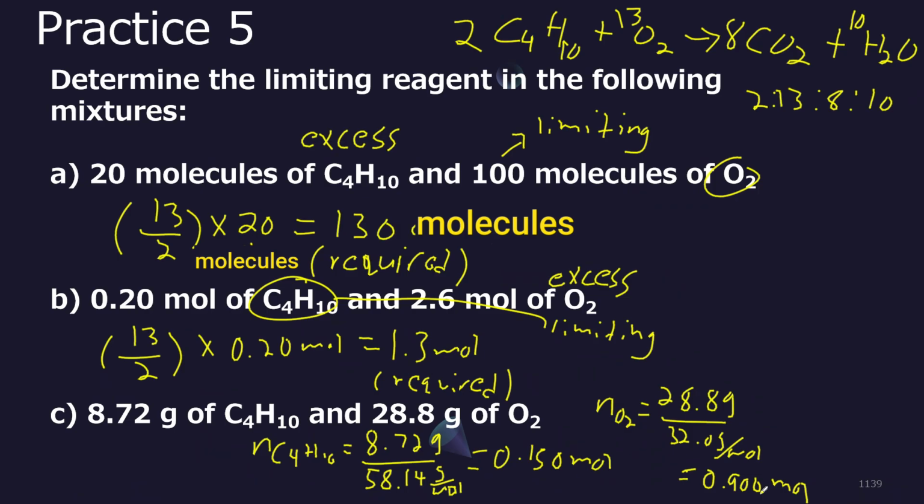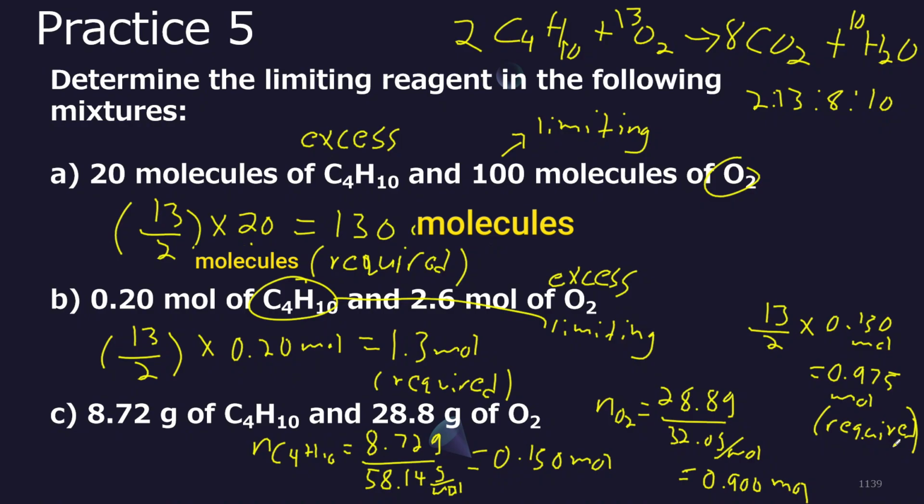So if we assume C4H10 is limiting, 13 over 2 times 0.15, we actually need 0.975 mole of O2. Do we have that? No, we have only 0.9 of O2 on the left there.